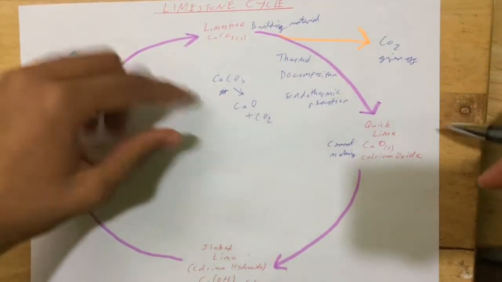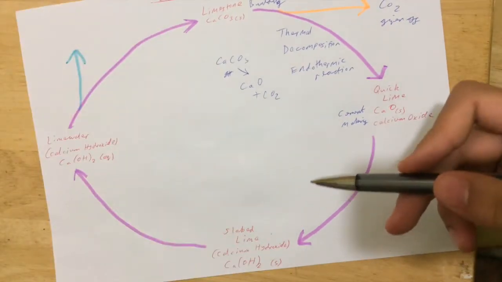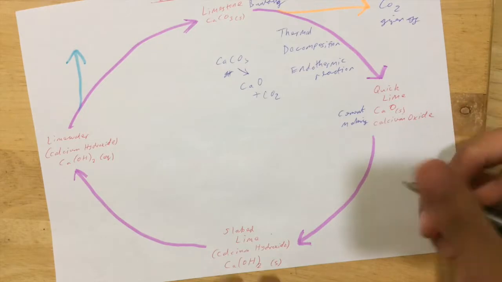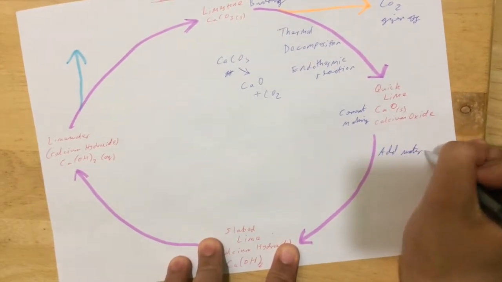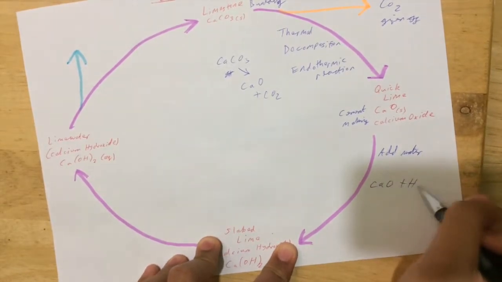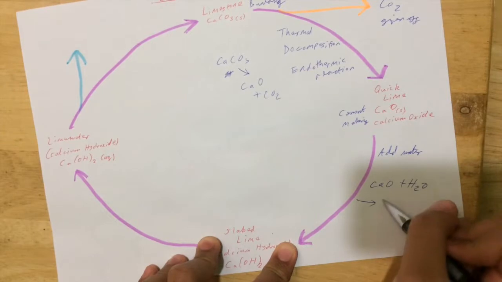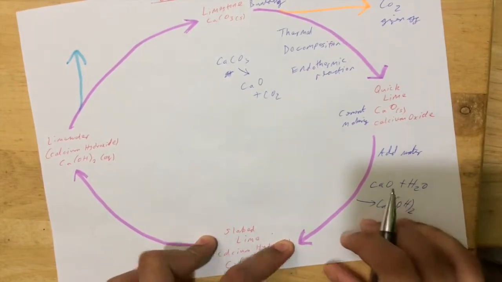So how do you get from quicklime now to slaked lime, calcium hydroxide? What we do is we add water. So calcium oxide plus H2O is going to give us calcium hydroxide.